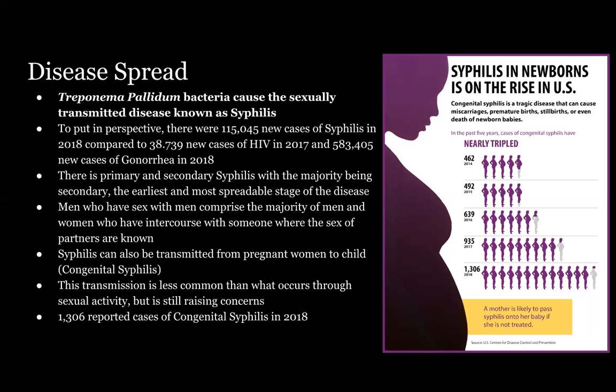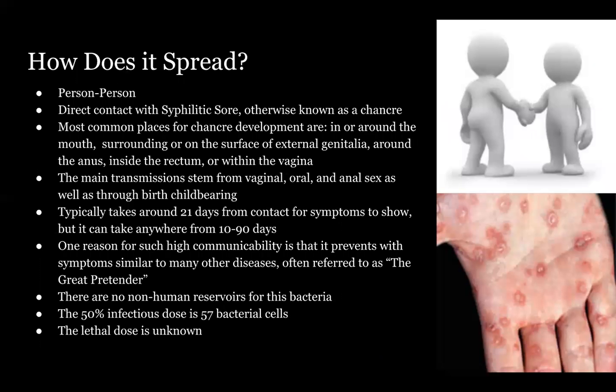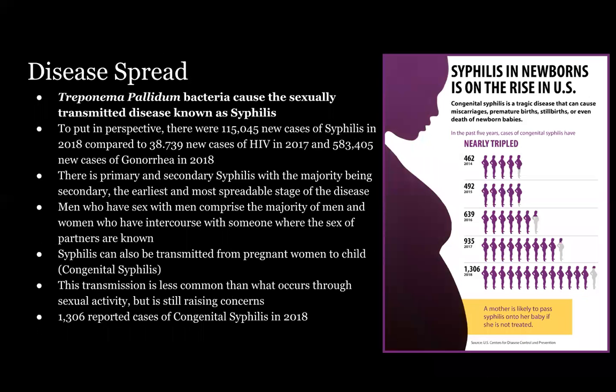In 2018, men who have sex with men accounted for 77.6% of all primary and secondary syphilis cases among males in which sex of the sex partner was known. In recent years, the rate of primary and secondary syphilis has been increasing among men who have sex with men, as well as heterosexual men and women.